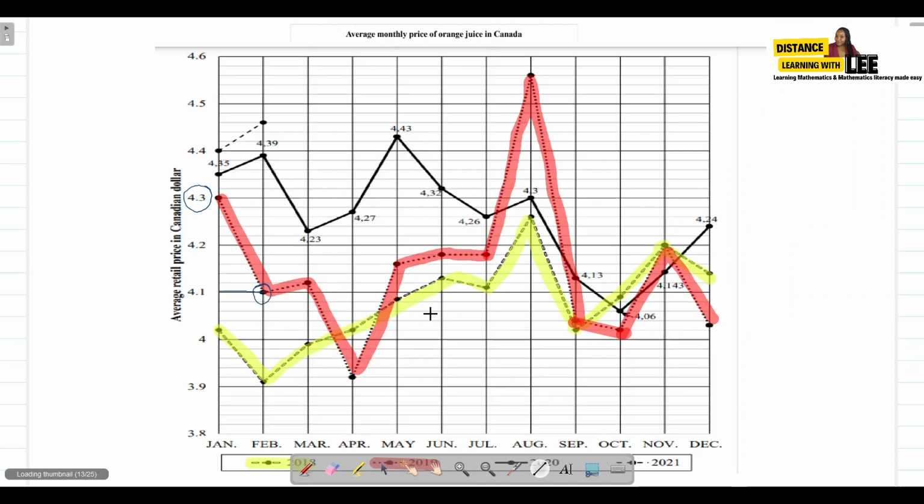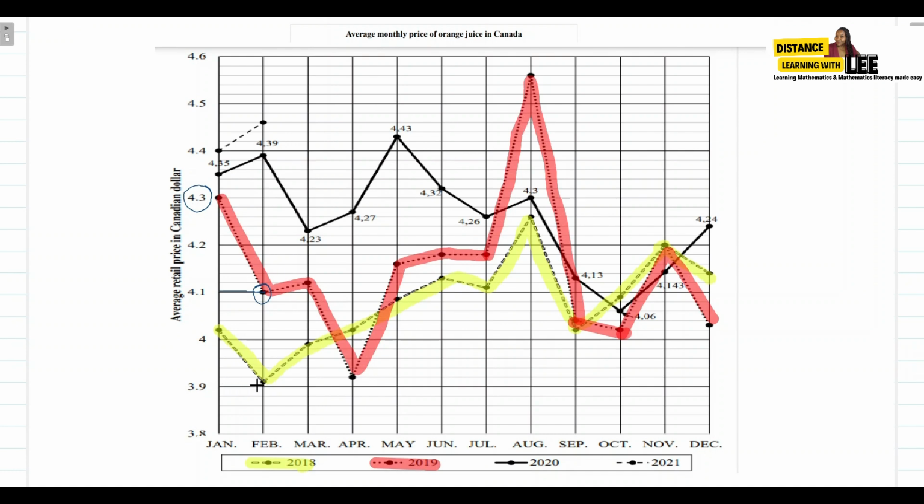We see that the lowest point here is February 2018. There's no other point that is lower than this point.